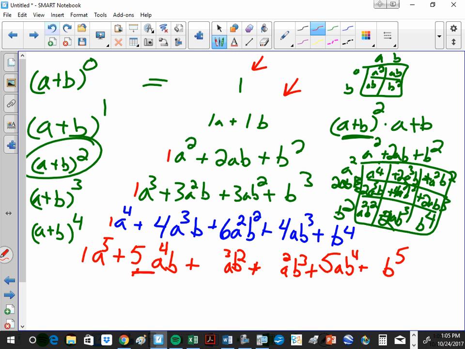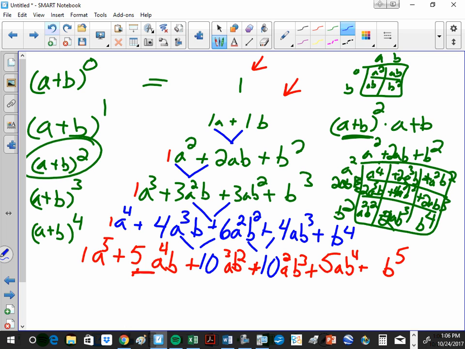It is. It's Pascal's triangle. And in Pascal's triangle, we can take these two and add them together and get the one below. So those two add to be 3. These two add to be 6. So these two would add to be 10. And these two would add to be 10.